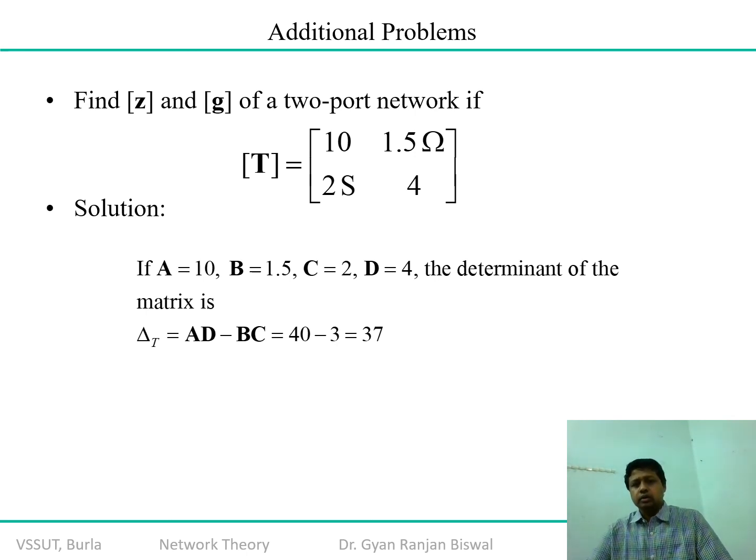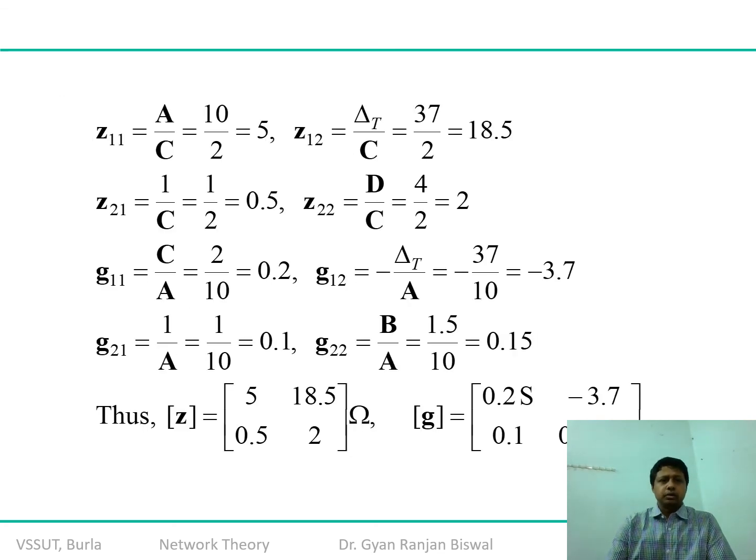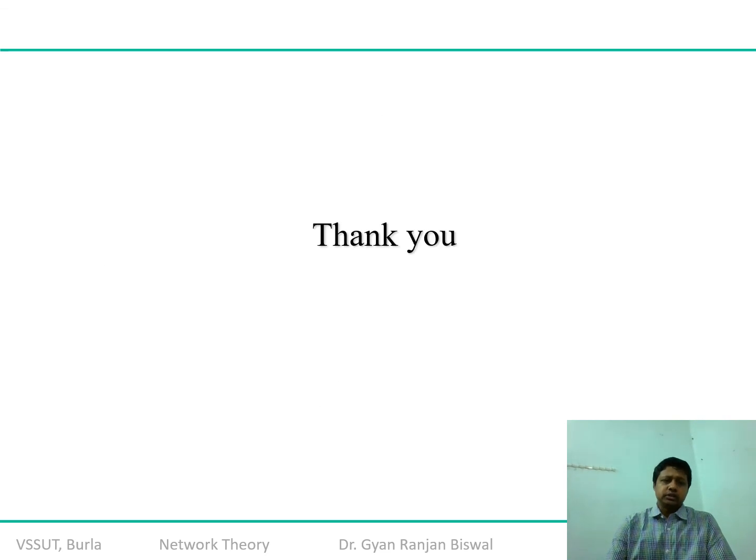As I told you, you should be able to relate all the possible kinds of parameters. From there you can interrelate those parameters, substitute, and get your result in terms of the Z parameter from T, and similarly you can do other possible exercises also.